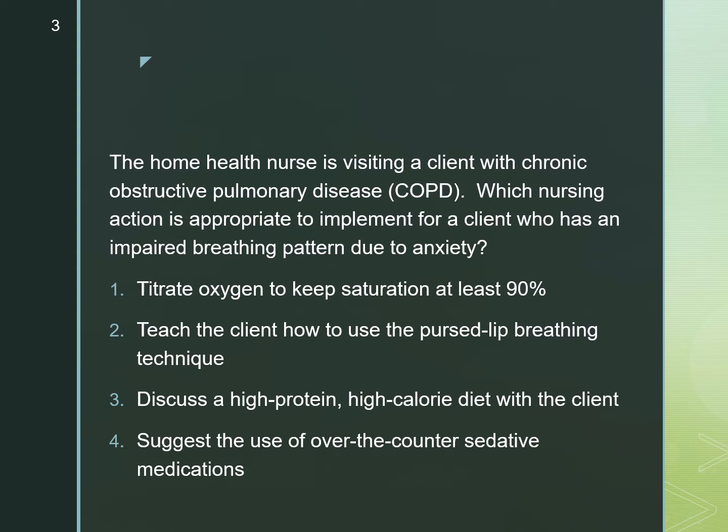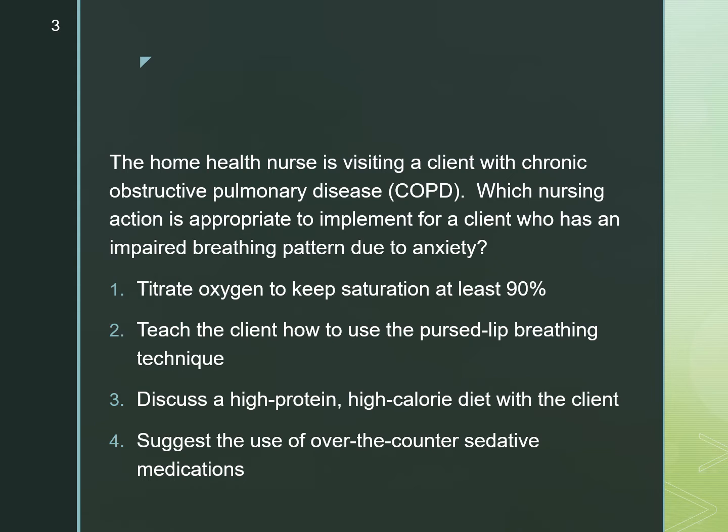Discuss a high protein, high calorie diet with a client. I'm a little concerned about the high calorie because a lot of times that high calorie has to do more with the simple carbohydrates, which is more of the sugars. If it were complex carbohydrates, that would be good.